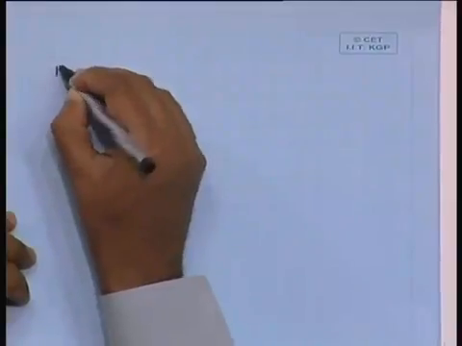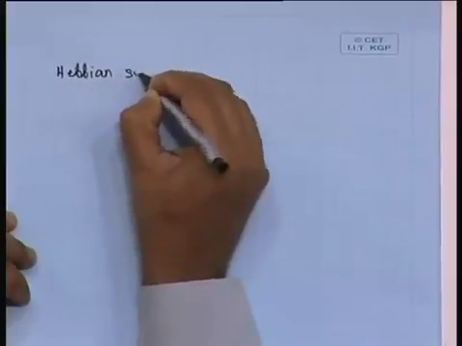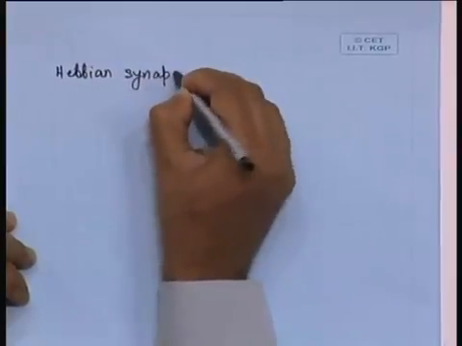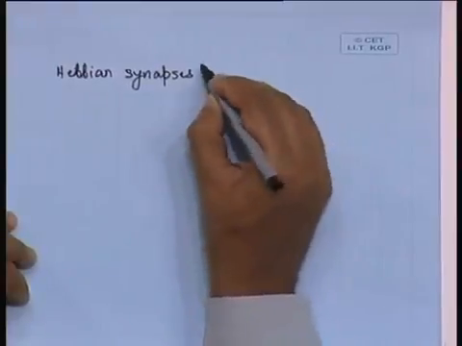So, that is essentially what we are going to have for the artificial neural network when we implement the Hebbian learning mechanism. Such synapses we refer to as Hebbian synapses, and Hebbian synapses have 3 characteristics.